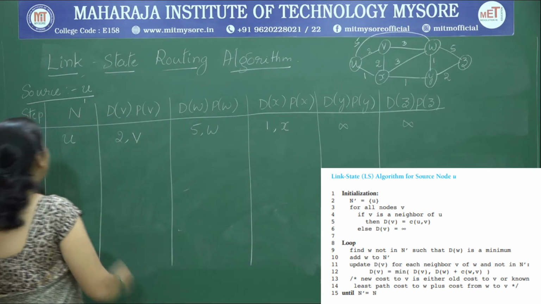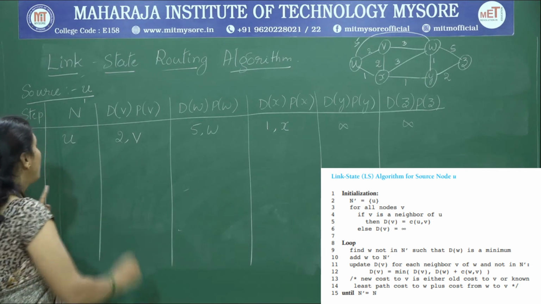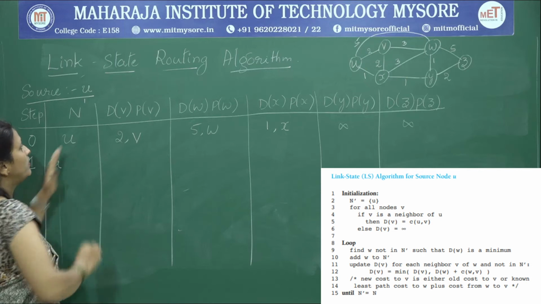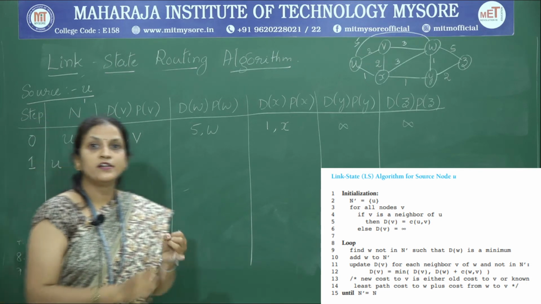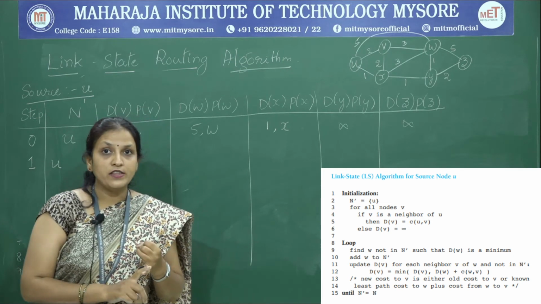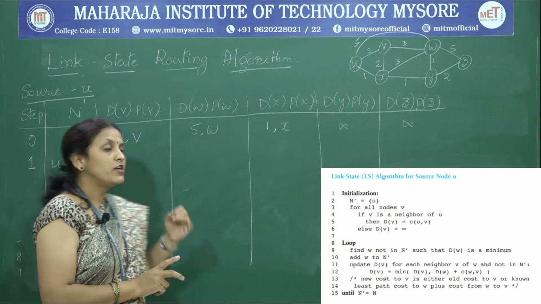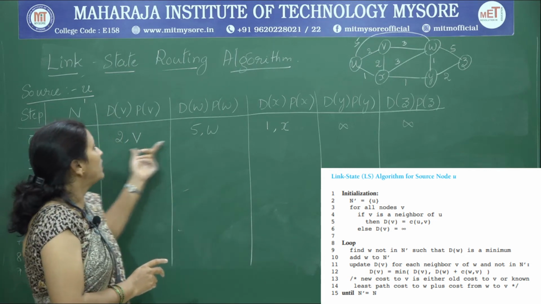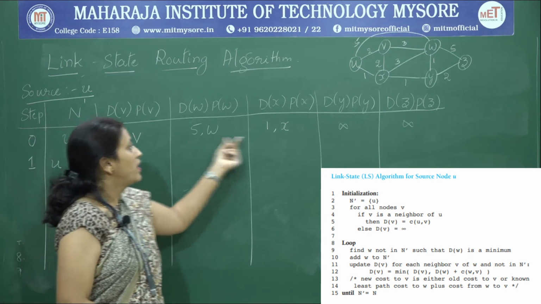Now, in the first iteration, we are entering the loop. We have u here in N dash. What are we supposed to do? We need to find w in such a way that the cost is minimum and it should not be covered in N dash. We have 3 costs here, 2, 5 and 1.